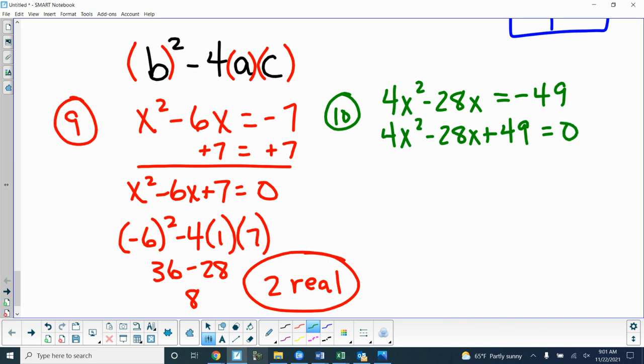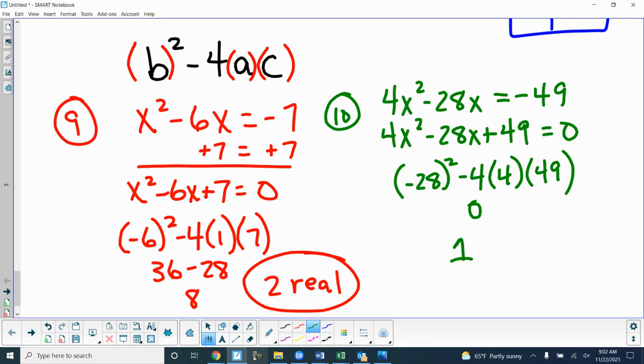And then we do our b squared minus 4ac. And when you put that in your calculator, you get 0. So how many solutions and what type? 1 real. When it's 0 like that, there's 1 real.